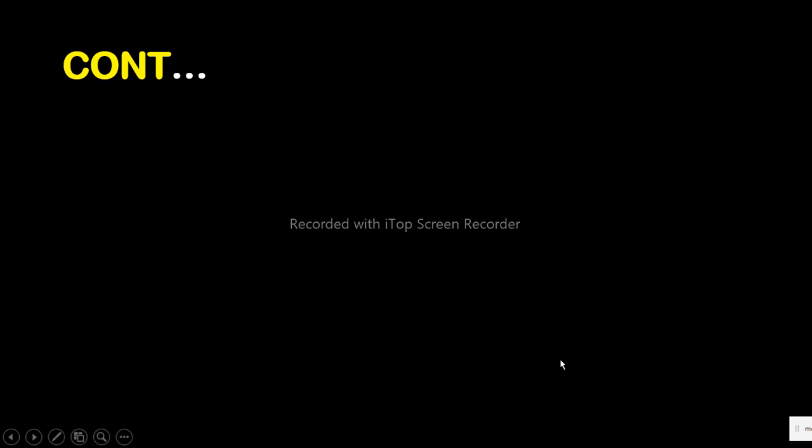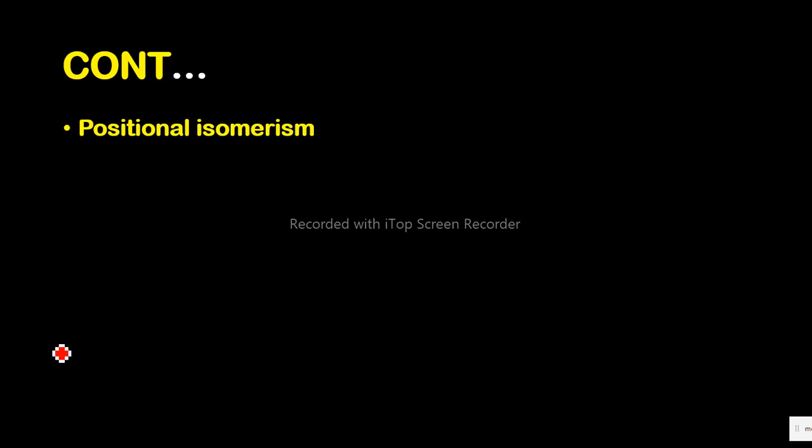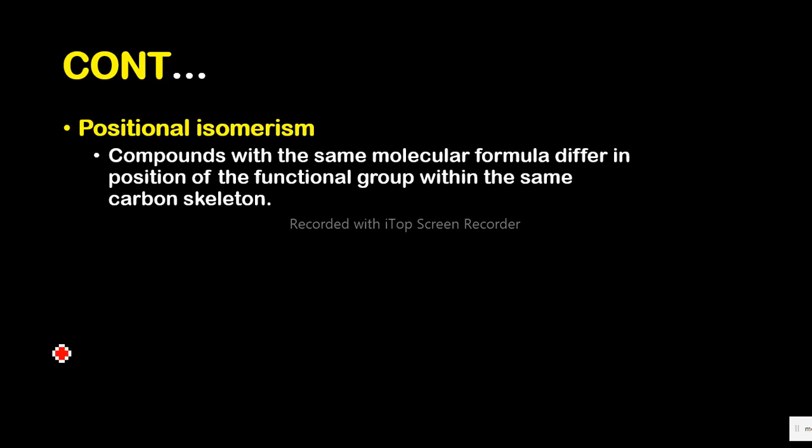Now with position isomerism, here you have the same functional group. Note, it's the same functional group, but the difference is in the position of the functional group. Once you understand that, then you'll be okay.